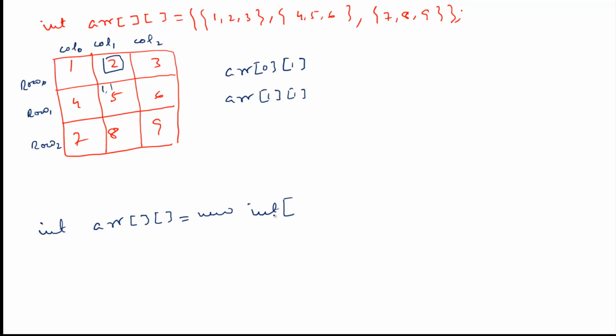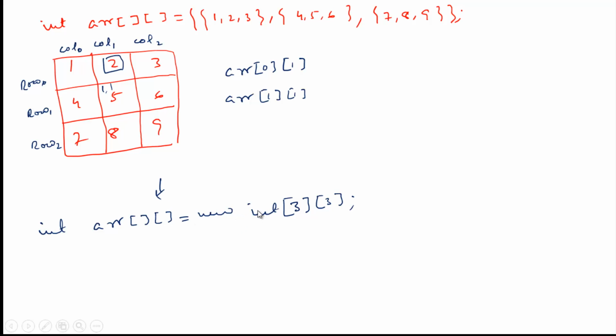I'll create an int 3 by 3 array, that means rows and columns. The row will be 3 and the column will be 3. When you create this, you need to input the values into it.